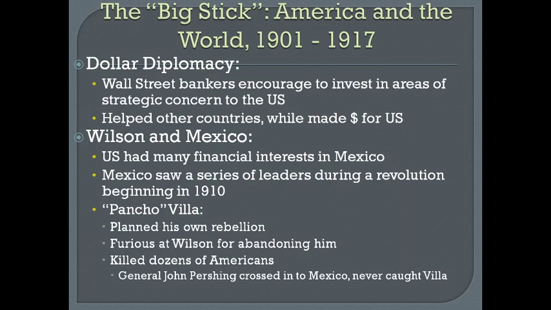And normally in a situation like this, we send more forces, more reinforcements, more effort to capture Pancho Villa. But Mexico quickly became an afterthought to what happens next, which is World War I.